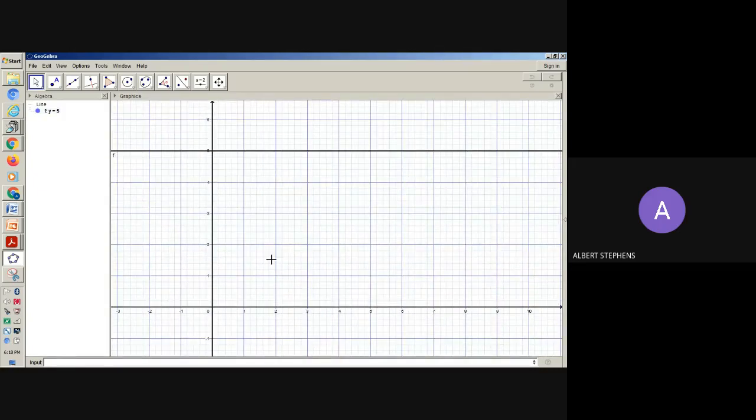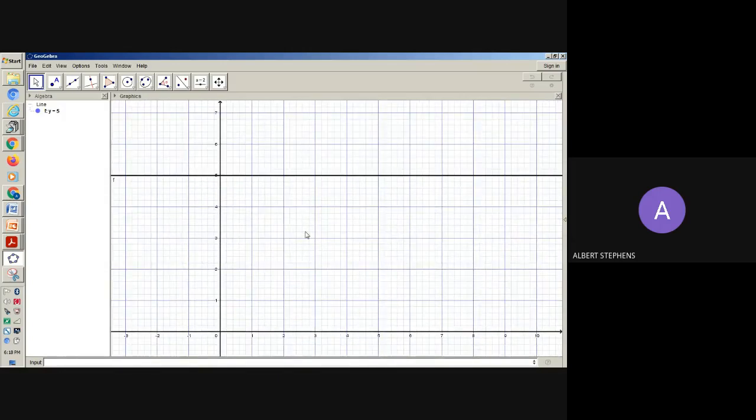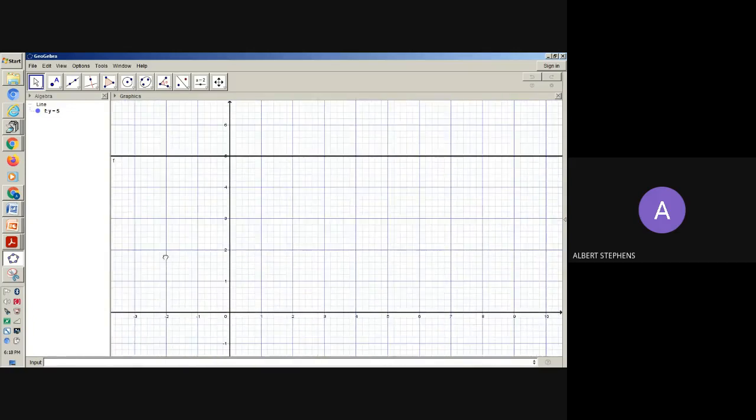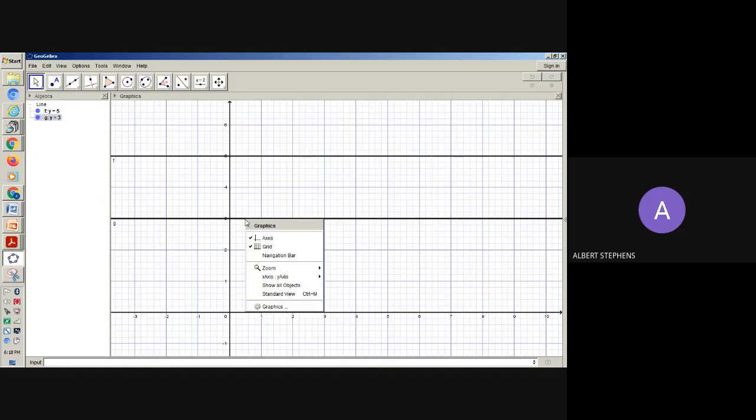So if I say draw the line y equals 5, it is going to be a horizontal line passing through 5 on y. Suppose I said to draw the line y equals 3. It's going to be a horizontal line passing through 3. Everybody get that? Yes, sir.